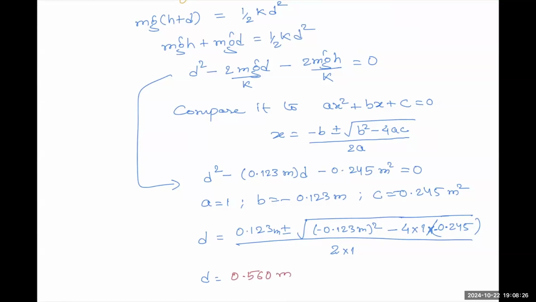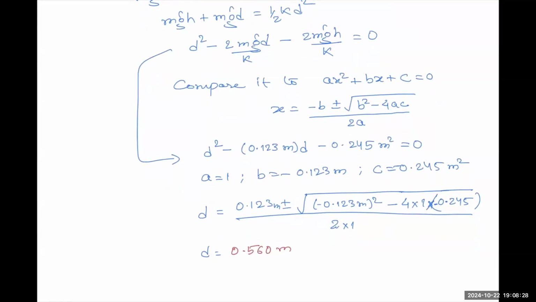So this is the positive one. And then if I do the negative, so there are two values that you're going to get, right?